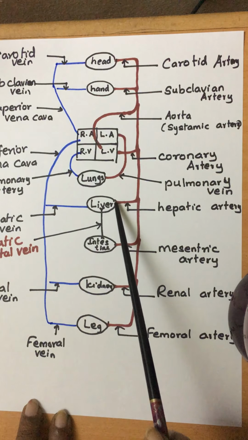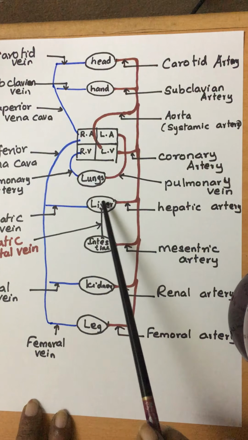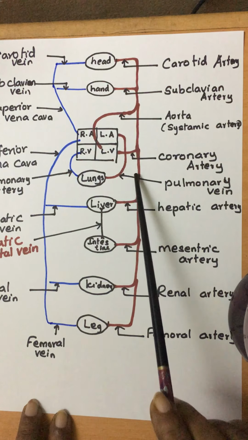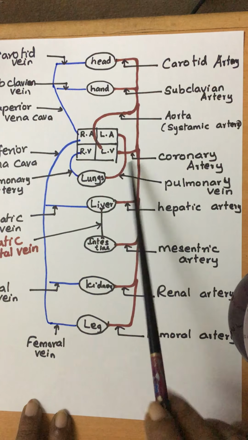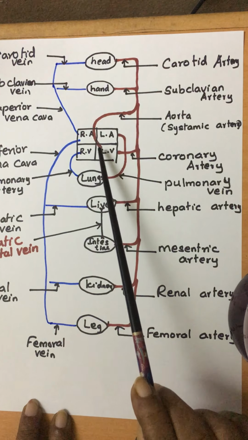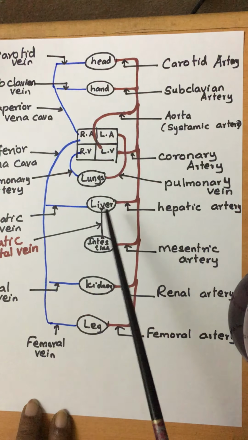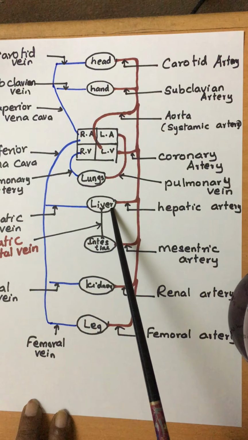So here one side is connected to the organ with blood capillaries, but the other end of this blood vessel is actually starting from the heart. Here there are no blood capillaries, it is like a pipe. So only one end is with blood capillaries.